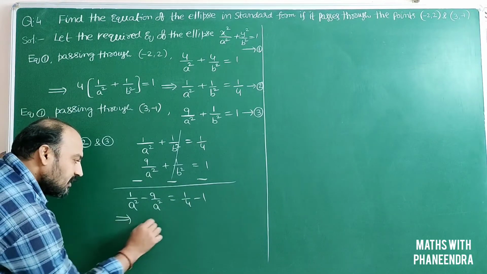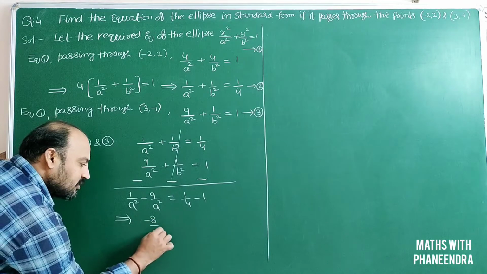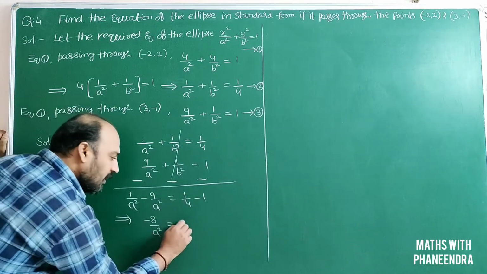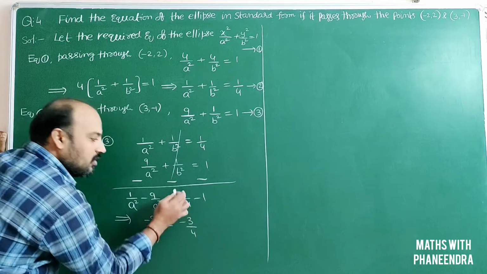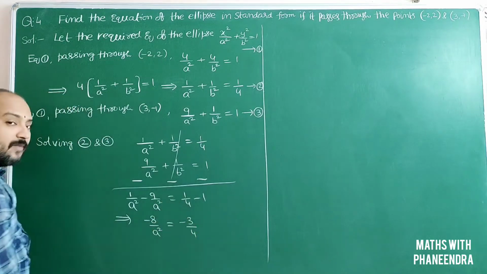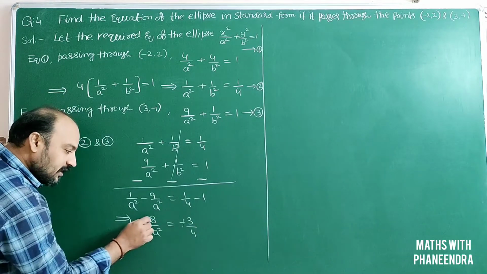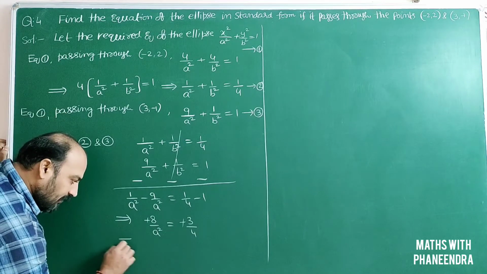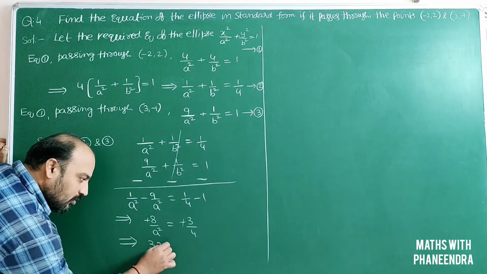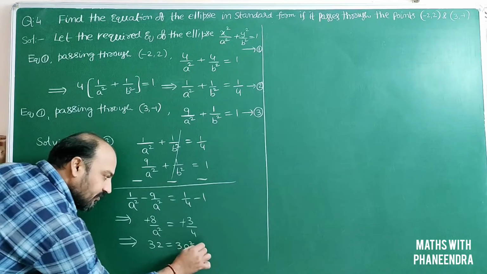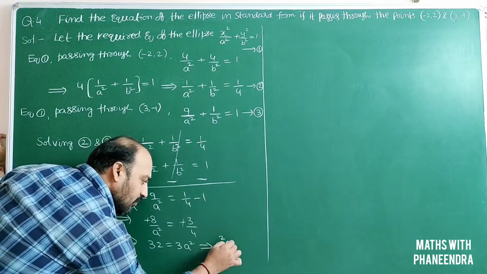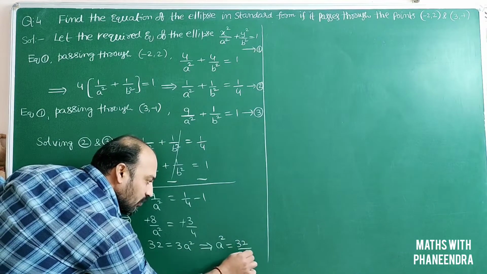That implies minus 8 by a square is equal to minus 3 by 4, since 1 minus 4 by 4 is minus 3 by 4. The minus gets cancelled. Cross multiply: 32 equal to 3a square. That implies a square equal to 32 by 3.